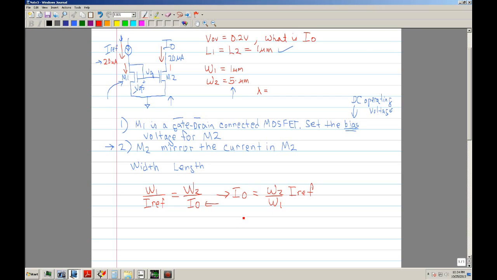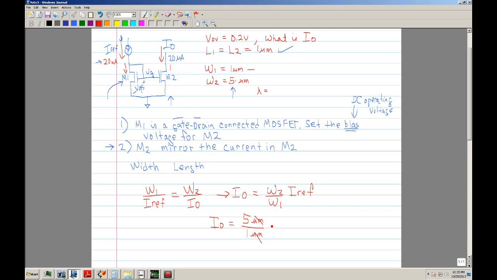Now you have this equation. Let me erase that. Now you can plug in Iout, and since W2 is 5 microns and W1 is 1 micron, that cancels.